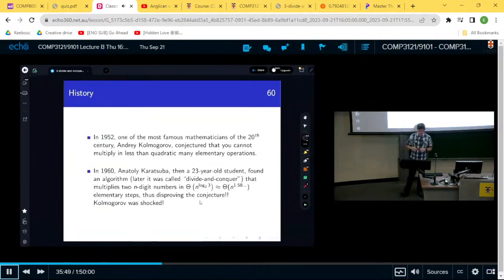Remarkably, within a week of the first seminar, a 20-year-old student came up with a faster algorithm. So somebody like our audience here showed that you can find a faster algorithm to multiply 2 n-digit integers. This was presented in the next week of the seminar, and then the seminar was cancelled.